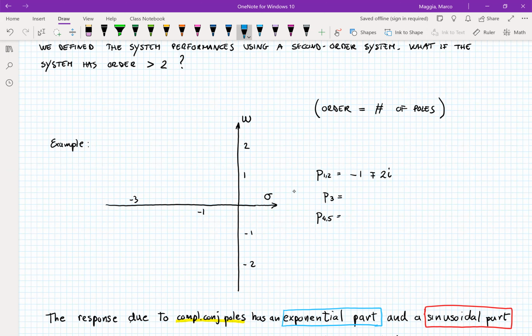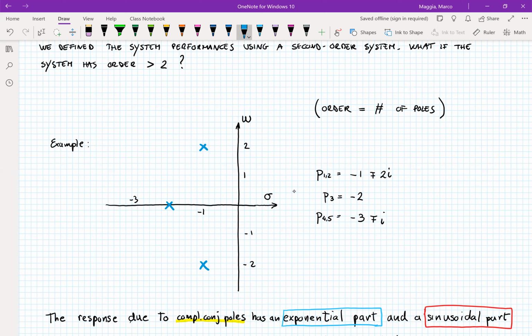And let's place them on the S-plane here and here. Then we consider a real pole at -2. So once again, let's place that. And finally, the remaining 2 poles are also complex conjugate at -3 minus and plus i.